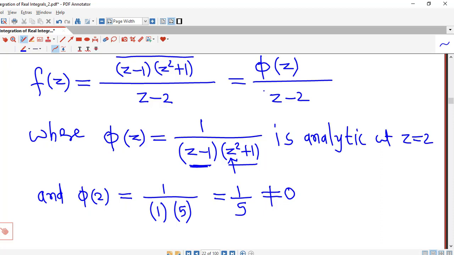So f of z is written as phi of z over z minus 2 to the power 1 where phi of z is analytic at z equal to 2 and phi of 2 is non-zero.